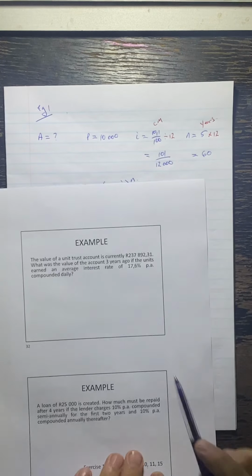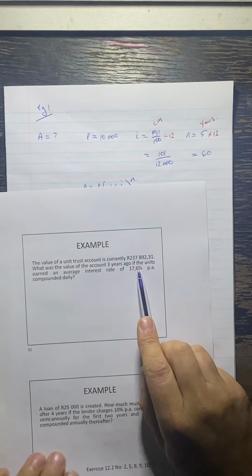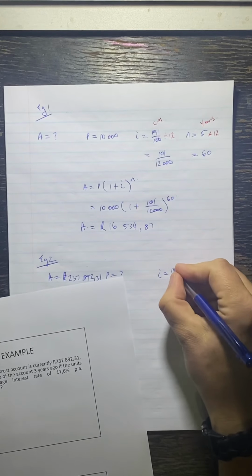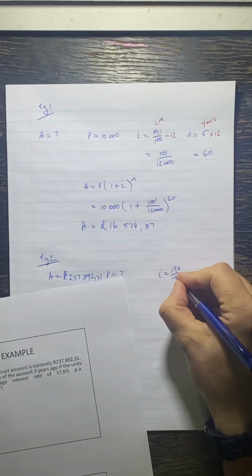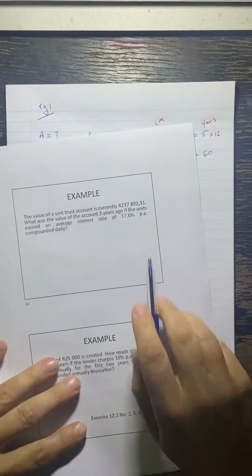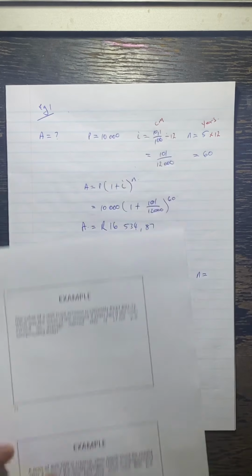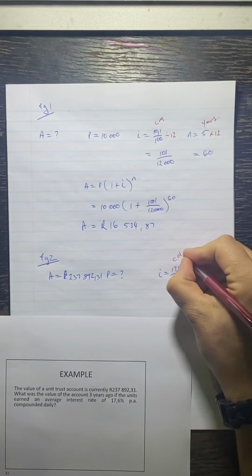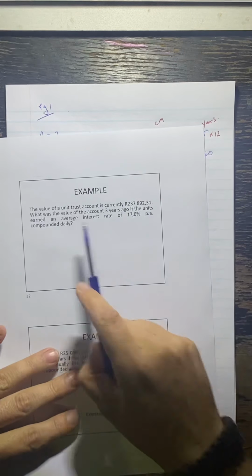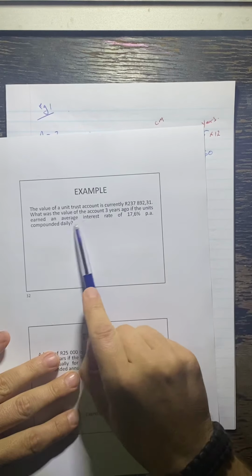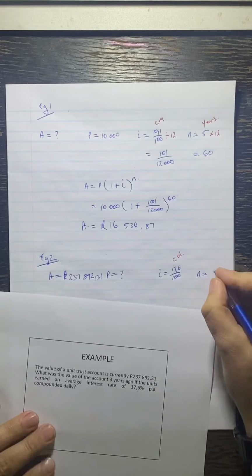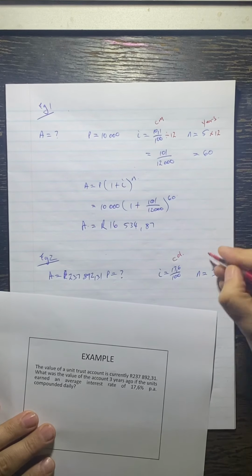Now, coming back to the question, they told us it was 17.6%. So 17.6 over 100. And it was compounded daily. So I just want to make a note here, compounded daily. And it was 3 years ago. So this is 3. And this is in years.